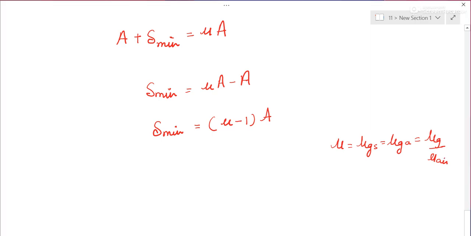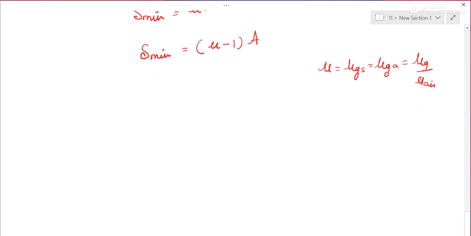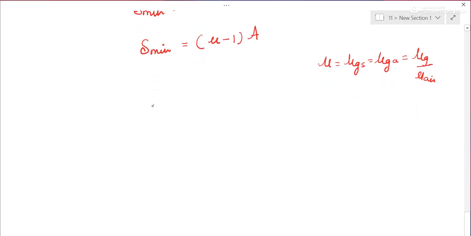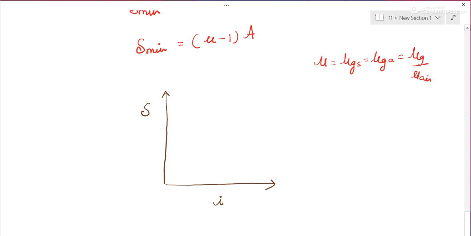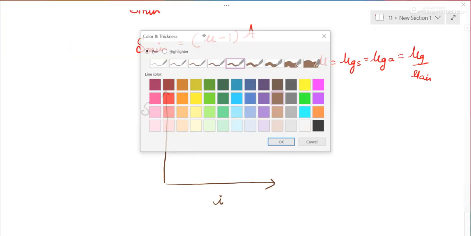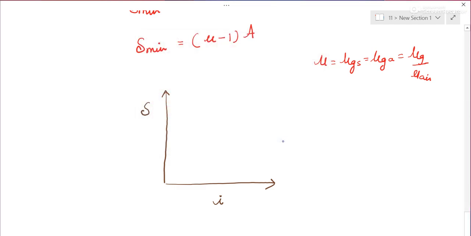Then we have this graph between angle of deviation against angle of incidence. Okay, so this is an experiment as well we used to do in lab.